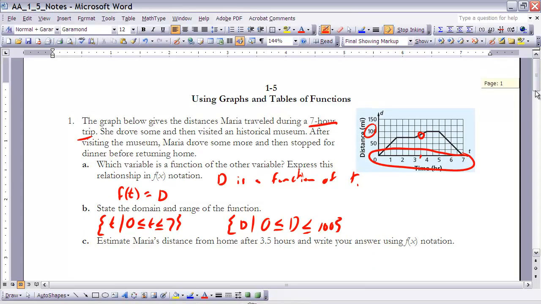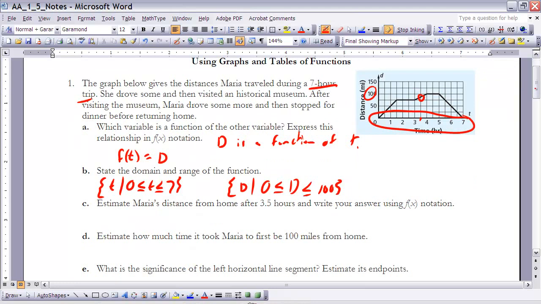So I'm going to write it like this: f of 3.5 hours, so my t-value is 3.5, is equal to somewhere, I'm just guessing, but I'm going to go with about 85 miles. So after 3.5 hours, she's about 85 miles from home.